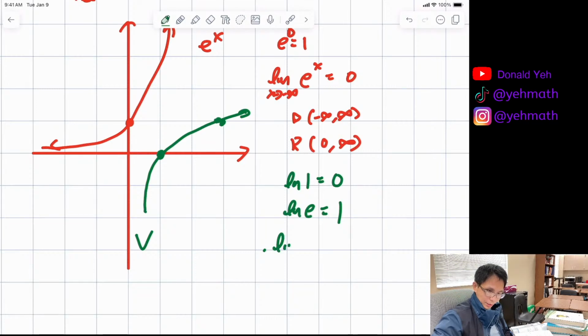How about the limit as x approaches 0 from the positive side of natural log of x? 0 from the positive side, not positive 0. There's no such thing as positive 0.